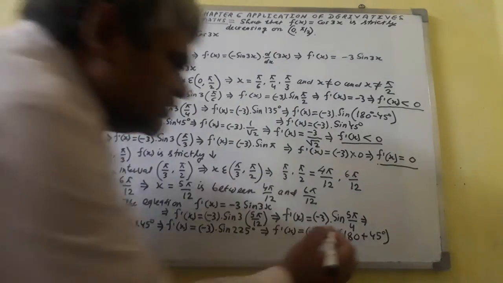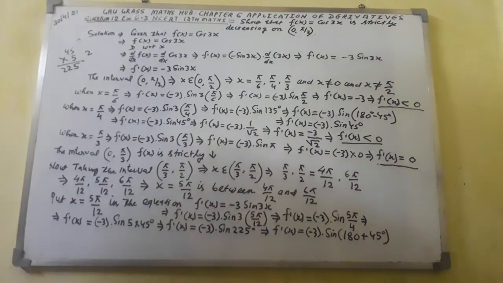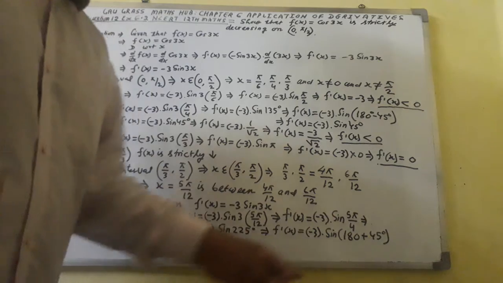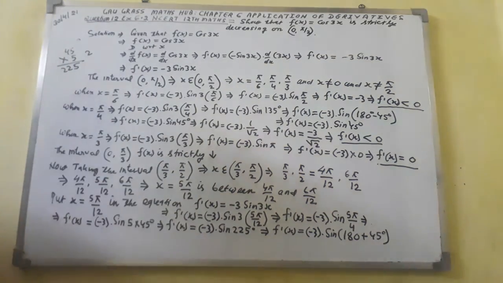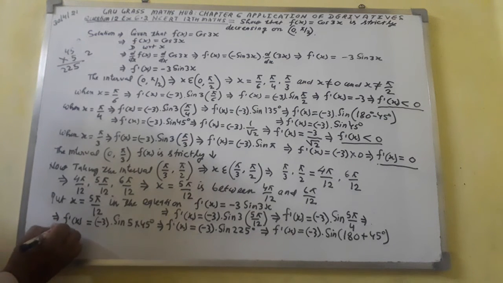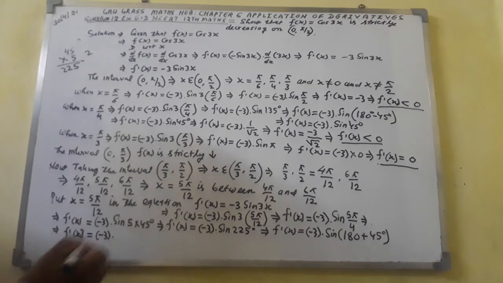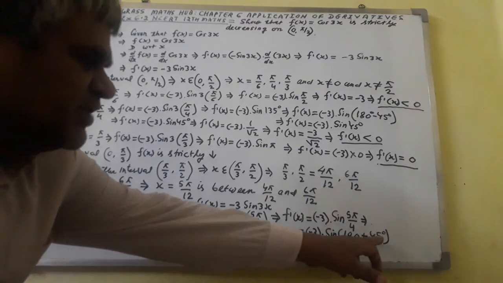Here you have got 180 plus 45. 180 added to 45 comes out to be 225. So here you have got f dash of x equal to minus 3, and here sine of 180 plus 45 degree.